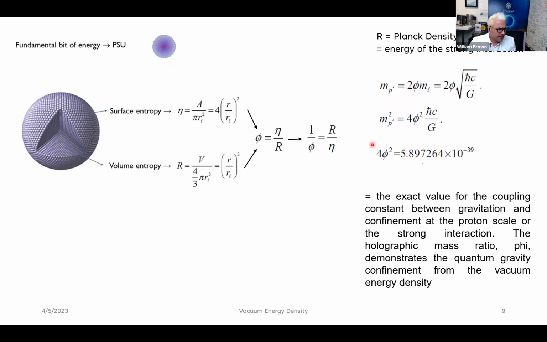We can take that and when we square these terms, we get 4 pi squared h bar times the speed of light over G, the gravitational constant. And when you calculate this, it's at 5.89 times 10 to the negative 39.